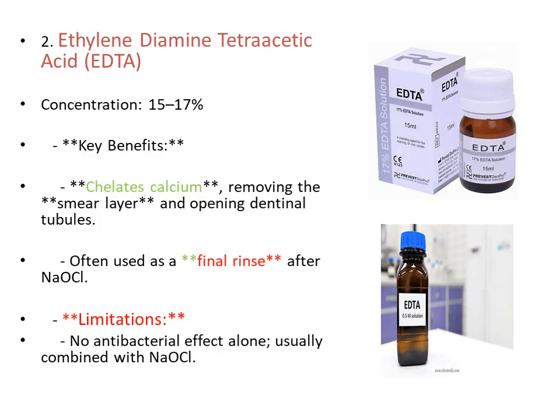It's very helpful, especially for narrow canals and obliterated root canals. So when we use EDTA, it opens those tubules easily so that we can easily remove the debris, necrotic pulp, and infectious pulp from the canals.